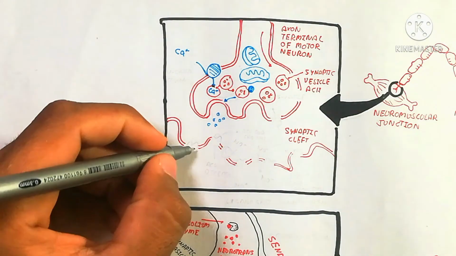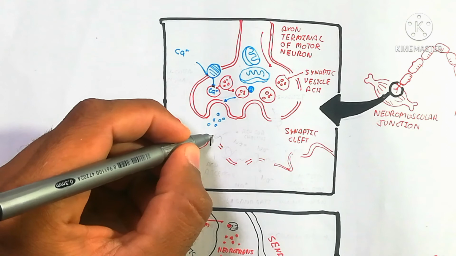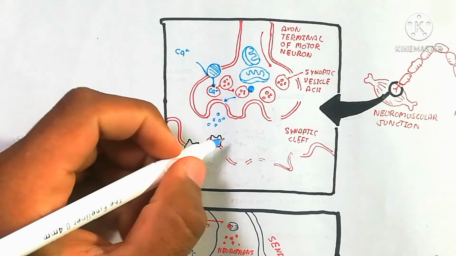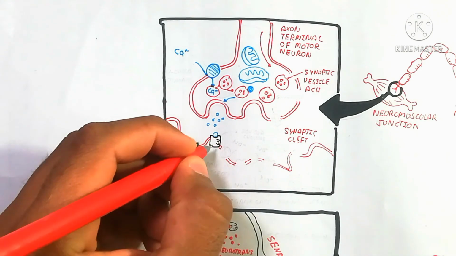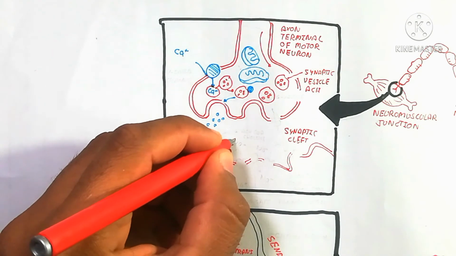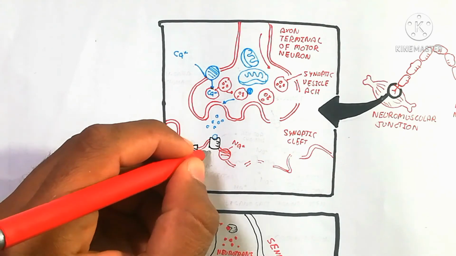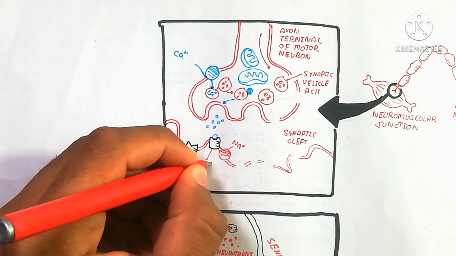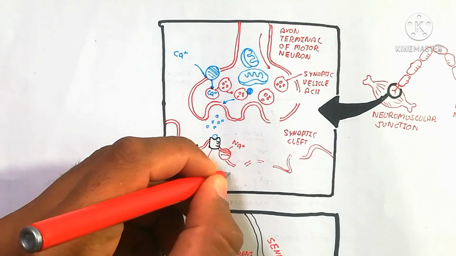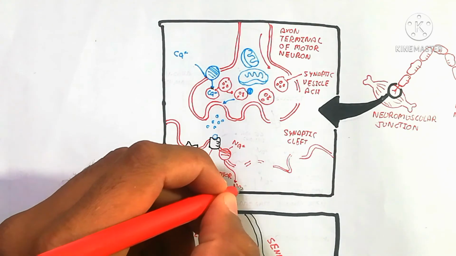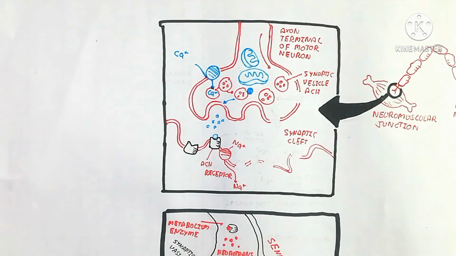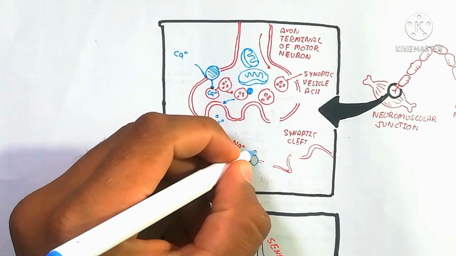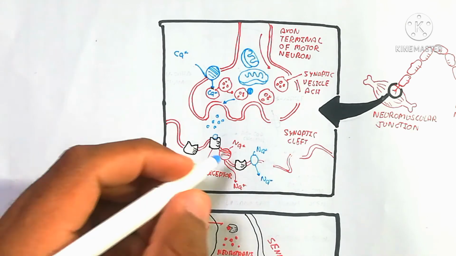Why? Because there is too much positive charge inside, which goes outside with the neurotransmitter, because the neurotransmitter also contains positive charge. So here is the binding region, and after the binding, to increase the action potential, the ATPase pump uses ATP and the acetylcholine receptor lets sodium move inside, and this sodium moving inside creates the action potential.